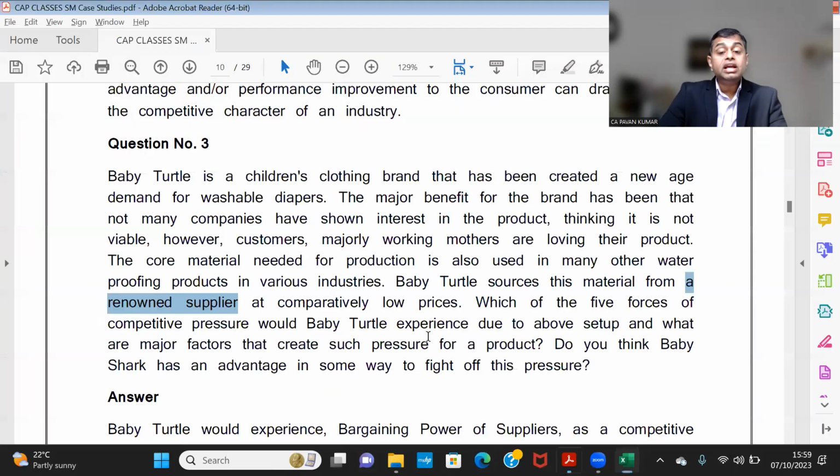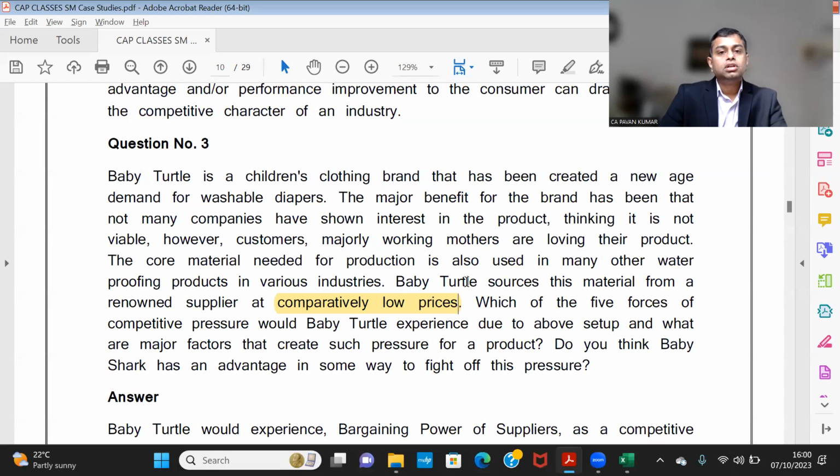Now, if you look at this question, this supplier is a renowned supplier. He supplies the same material to so many other industries also. Now he is giving the product at a comparatively lower price. What if he increases the price? What if the product is not available for you tomorrow?